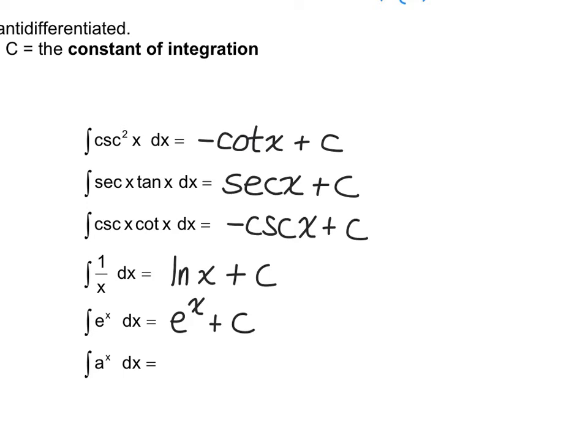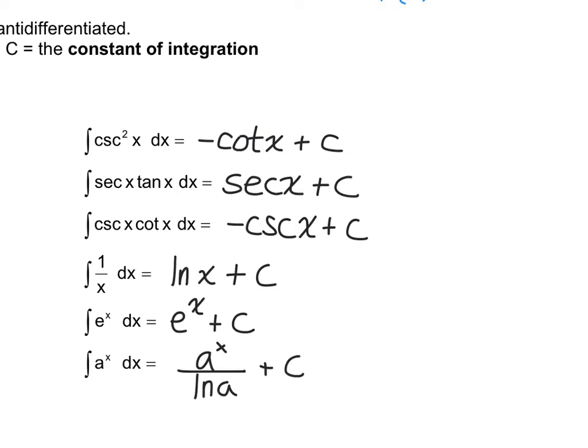The base here is a, so multiply by the natural log of a. So I'm going to do the exact opposite. Divide by the natural log of a. I'm going to divide by the derivative of the exponent. Well, the derivative of the exponent is 1, so that's not going to factor into it. And then I'm also going to rewrite a. That's the one part where you can't quite do the exact opposite. What, unrewrite it, like erase it? So a to the x over ln of a plus C.